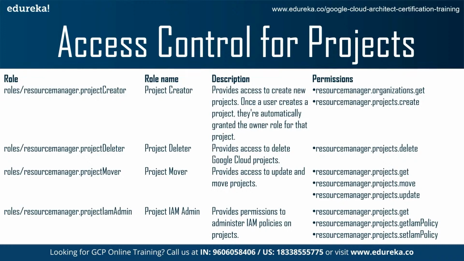You can see for the role named Project Creator that it provides access to create new projects. Once a user creates a project, they are automatically granted the owner role for that project. Then you can see the specific permissions for it, like resourcemanager.organizations.get. Similarly, for Project Deleter, Project Mover and Project IAM Admin, specific permissions are there, and you can see the descriptions also for it.